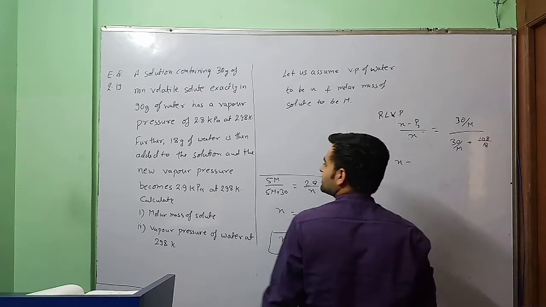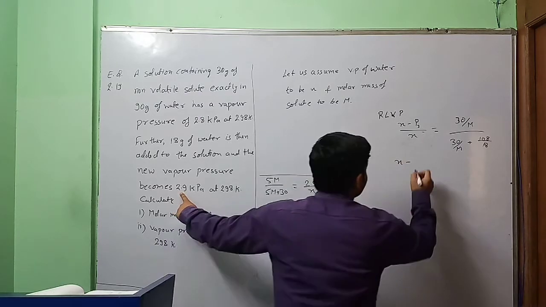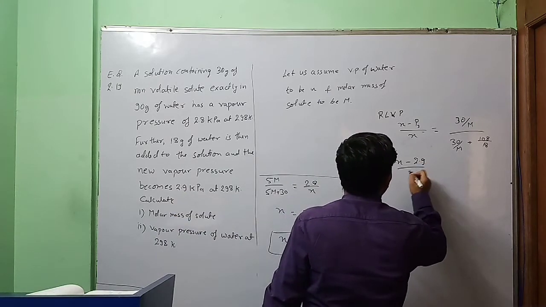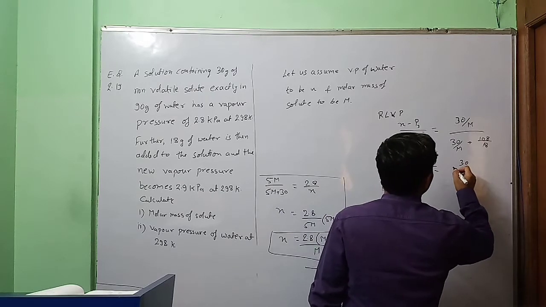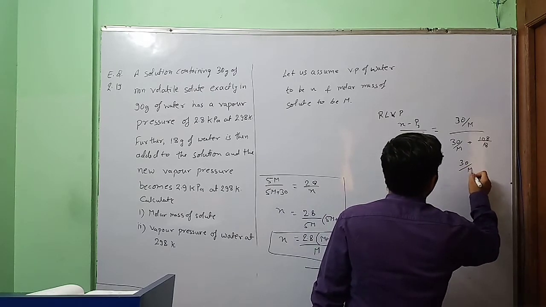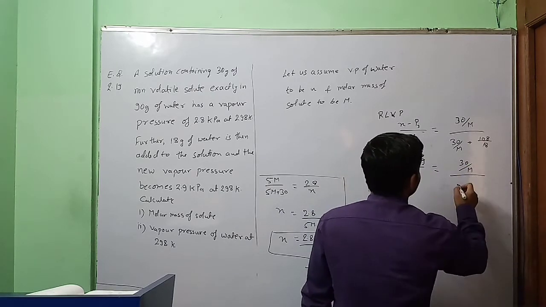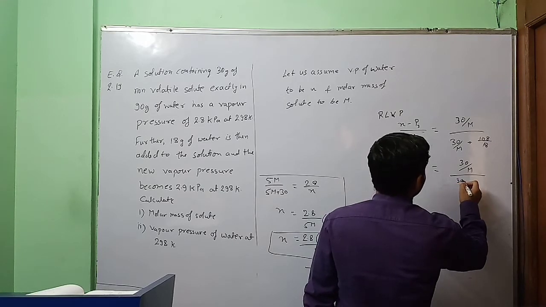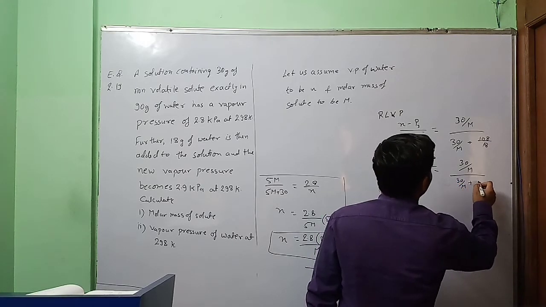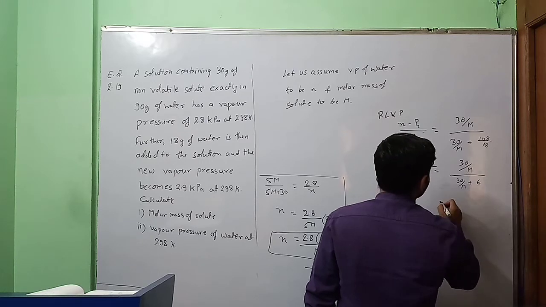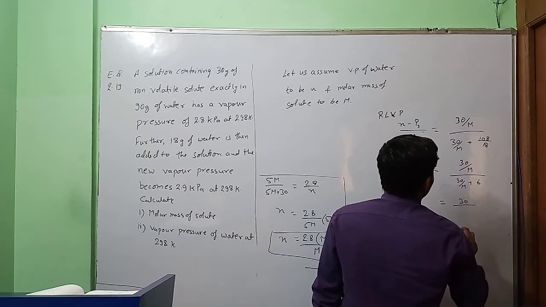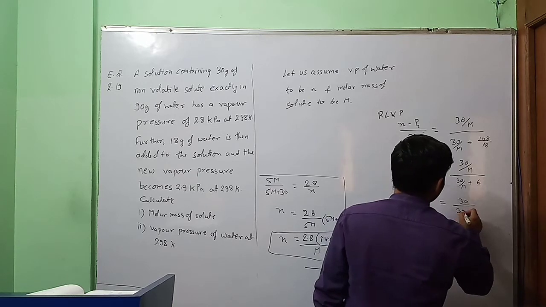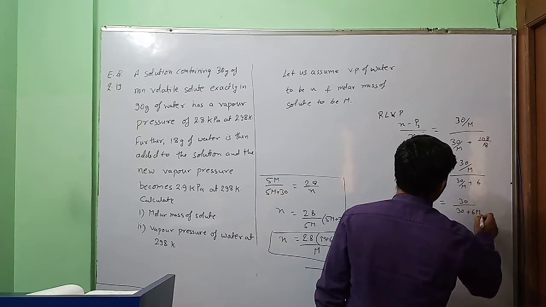So this thing we will get 1 minus, X minus P2, is given 2.9, upon X equals 30 upon M plus 30 upon M plus 6. So this thing we will get 30 upon 30 plus 6M.